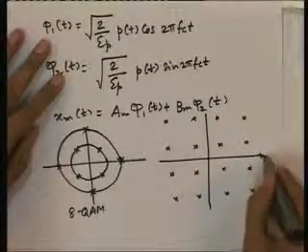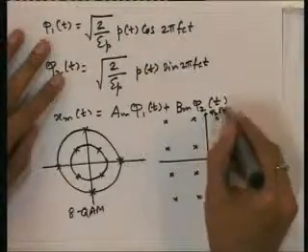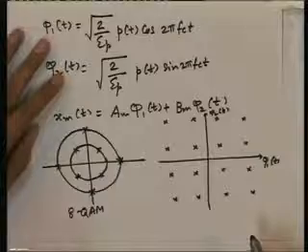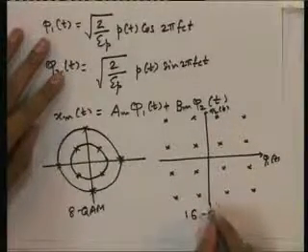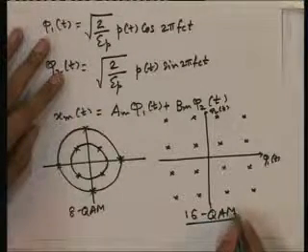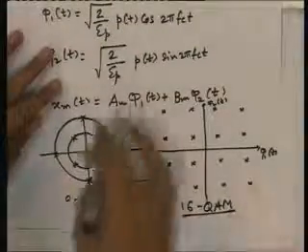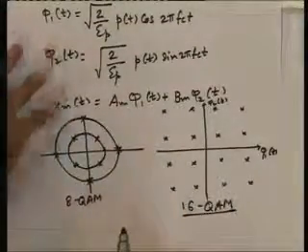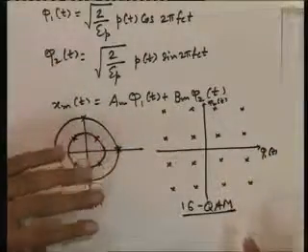So this is phi 1(t), this is phi 2(t), and these are the points. So this is 16 QAM, and this is a very popular 16 QAM constellation. Other 16 QAM constellations can be used, but this is the standard 16 QAM constellation that is used in practice.